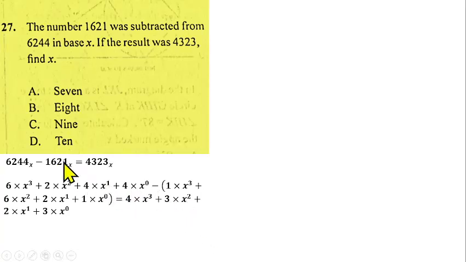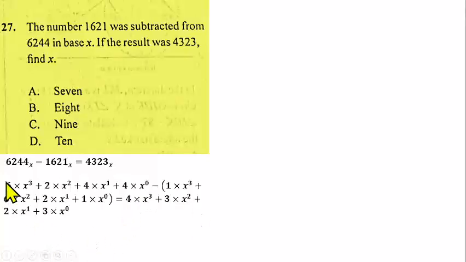So change this one to base 10 as well. We have 1 times x raised to power 3, plus 6 times x raised to power 2, plus 2 times x raised to power 1, plus 1 times x raised to power 0, equals, then change this one to base 10 as well. We have 4 times x raised to power 3, plus 3 times x raised to power 2, plus 2 times x raised to power 1, plus 3 times x raised to power 0.